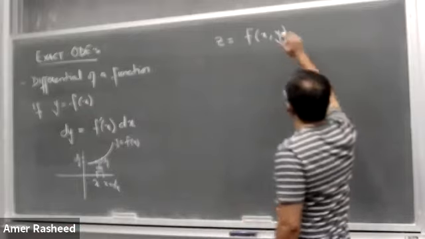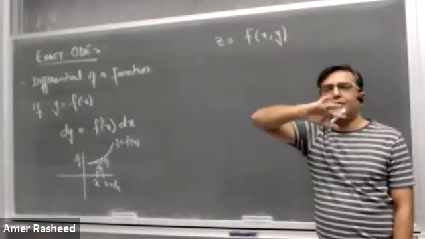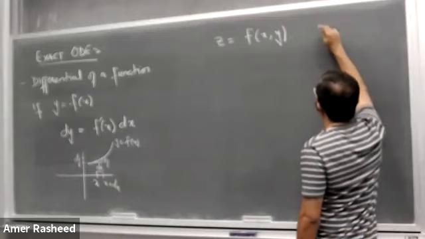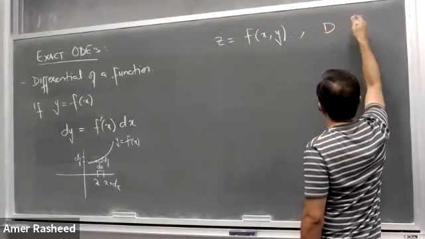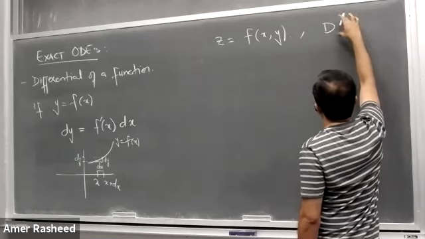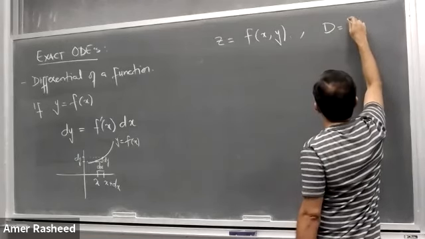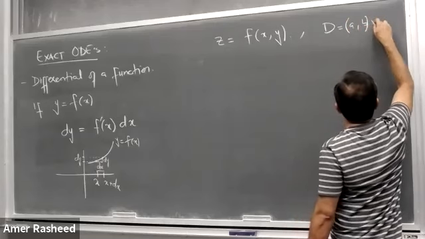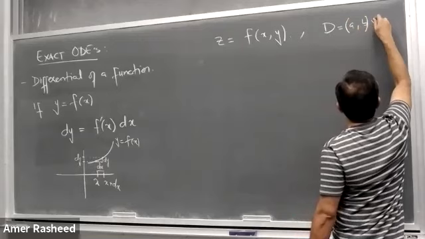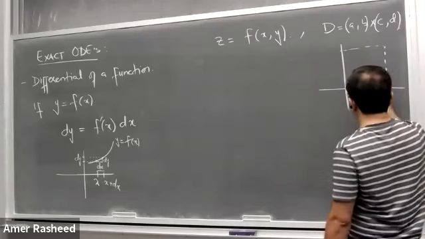We assume that this function is continuous on some domain D, okay, rectangular domain, which has some values where x varies times some values where y varies. So it is some kind of maybe 0 to a or a to b.